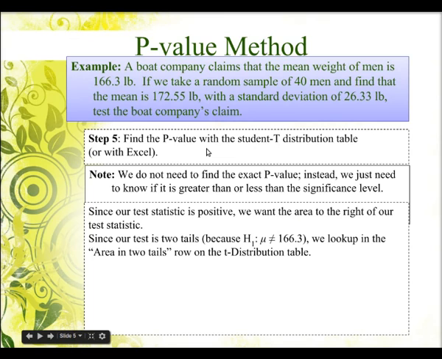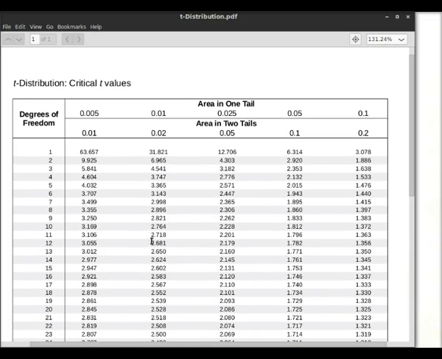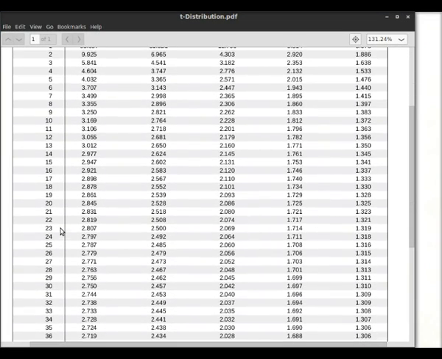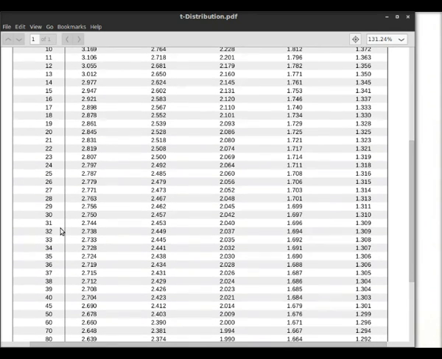So since our test statistic is positive 1.501, we want the area to the right of our test statistic. And since it's 2 tails, we're going to look up the area in the 2 tails row on the t-distribution table. So I want to first find my degrees of freedom, which since our sample size was 40, I'm going to go to the row 39 and look up 1.501 in that row.